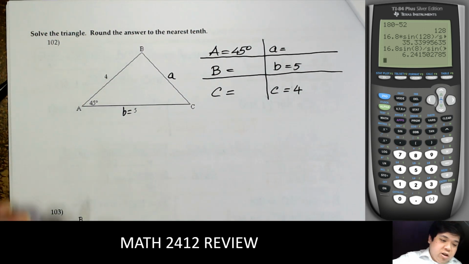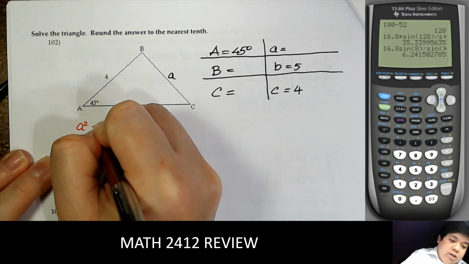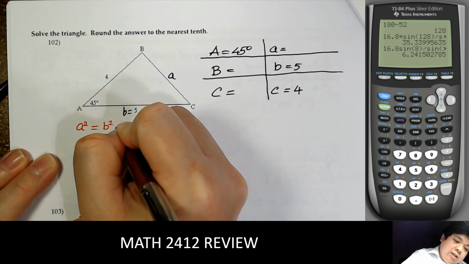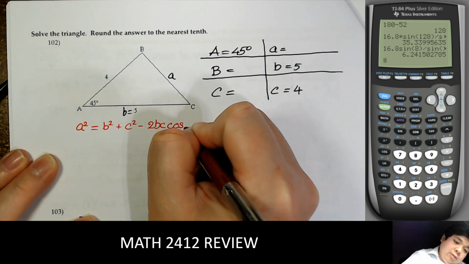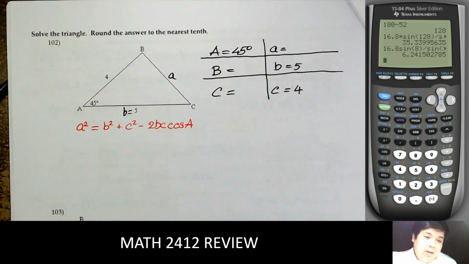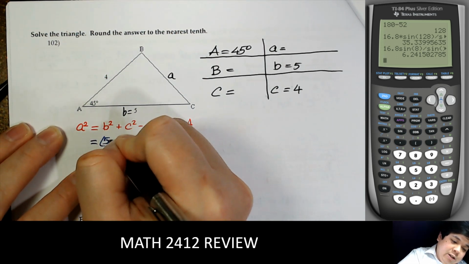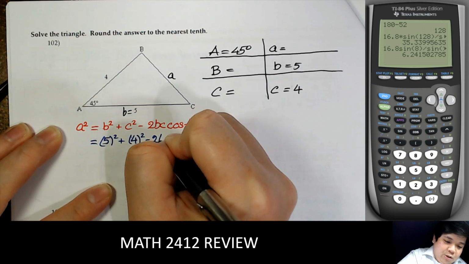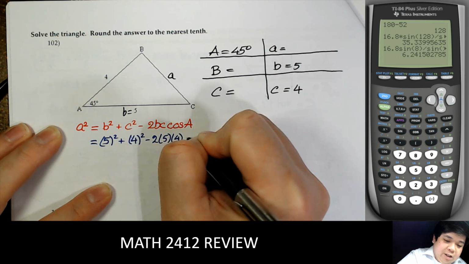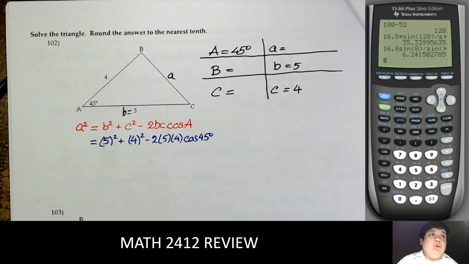So we have the law of cosine on three of them, but we should start with a squared because we're going to end with cosine of A. Right. a squared is 5 squared plus 4 squared minus 2 times 5 times 4 cosine 45 degrees. I'll just do all of that, take the square root, and we have a.